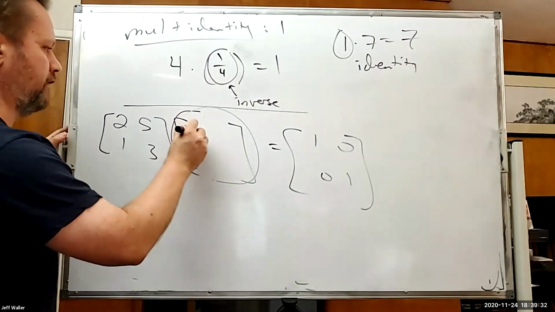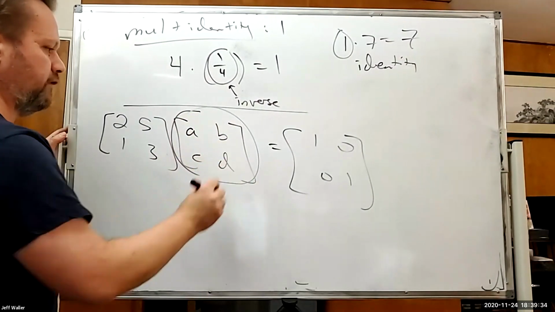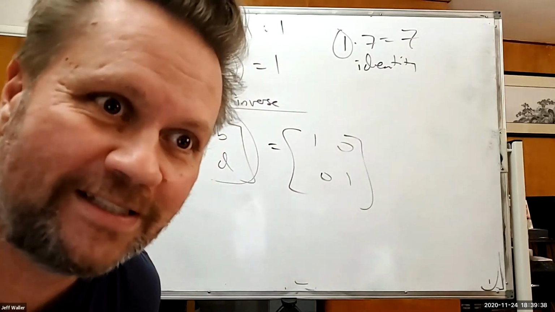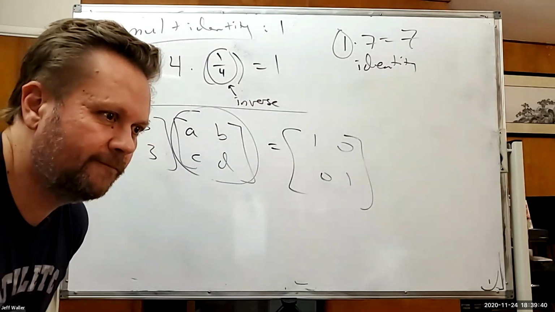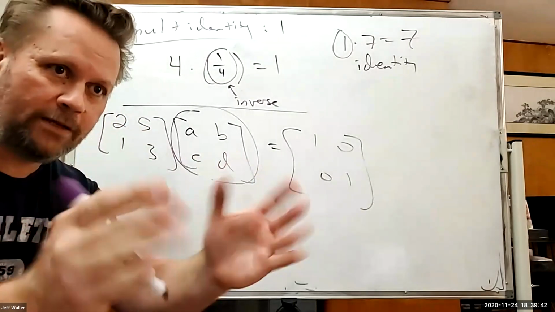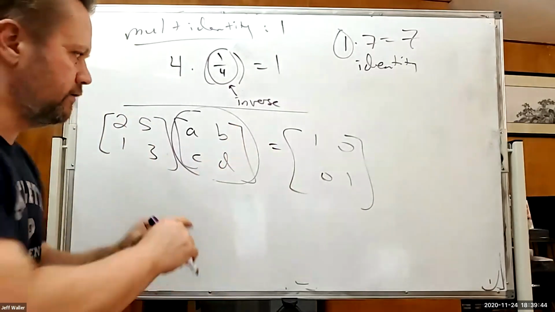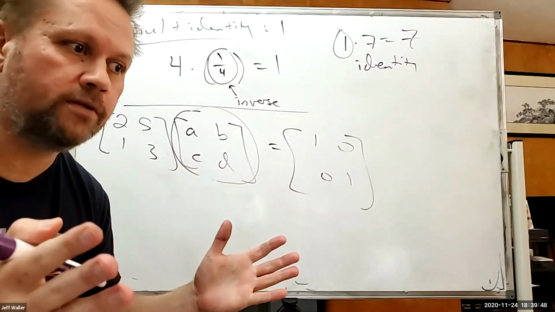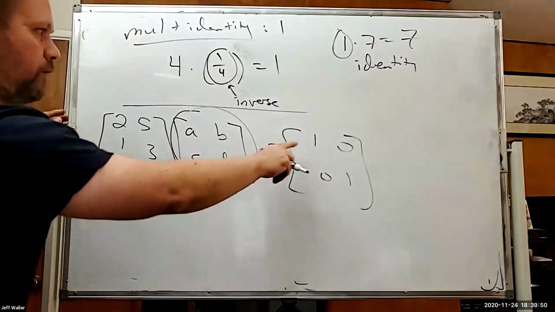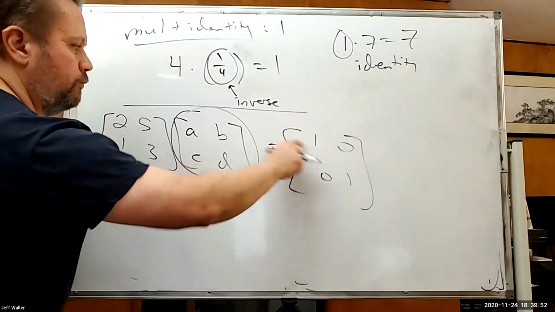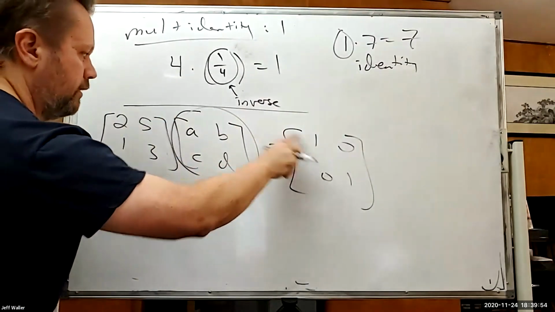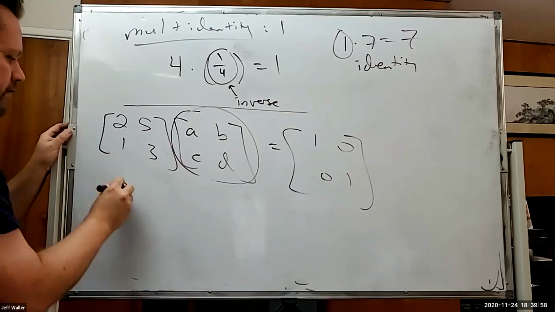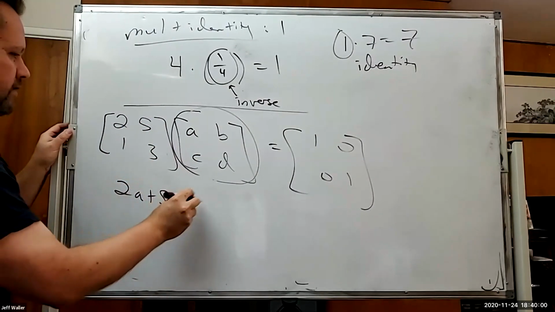No. So we have to give it a variable name, which actually means we have to give it 4 variable names. But stay with me. Do you see how I have a matrix equation? Will this freak us out? Of course it won't. Because what do I do to this to get 1? How do I multiply these things? Isn't that 2a plus 5c? Isn't that 1?